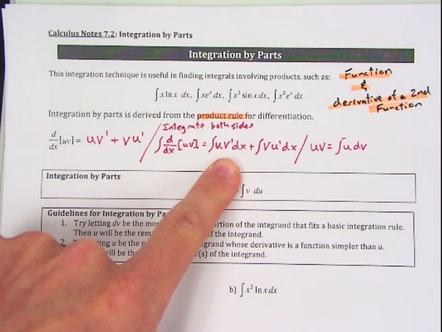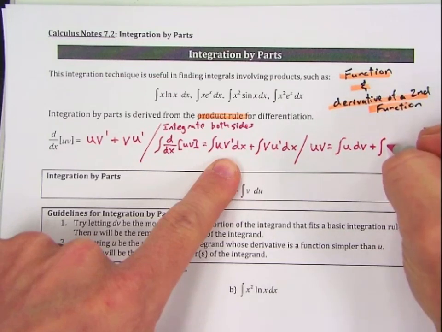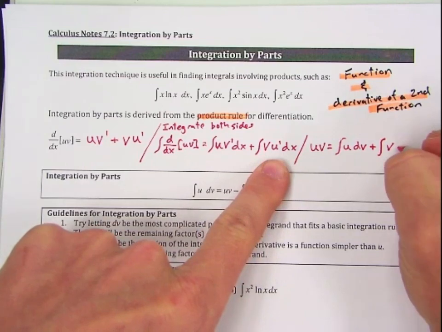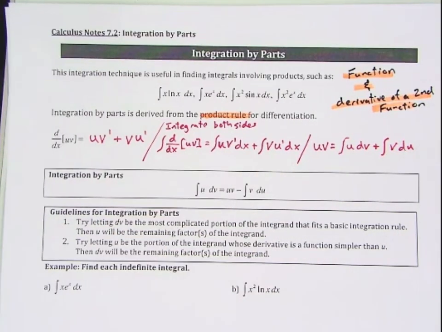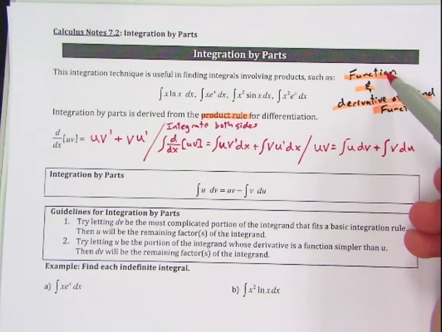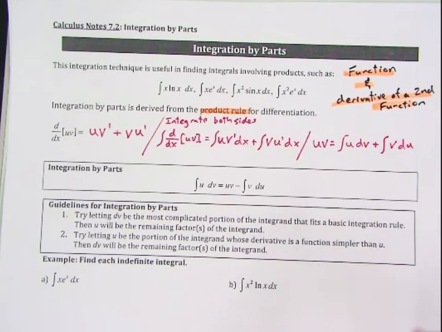Okay, and then plus the integral of v, and then u prime dx is just du. Now, what we were looking for, remember, is the integral of a function times the derivative of the second function. So what we're going to do here is go ahead and just solve for this one right here.